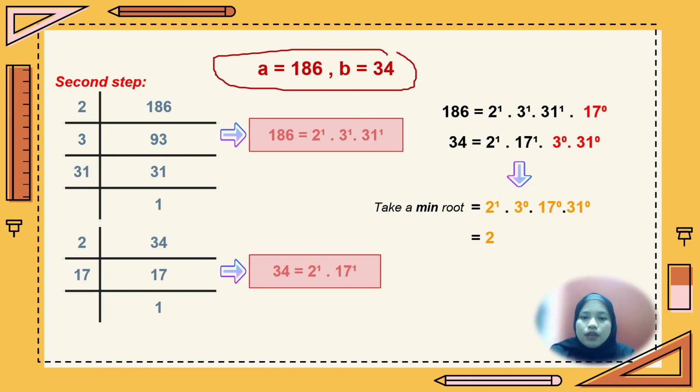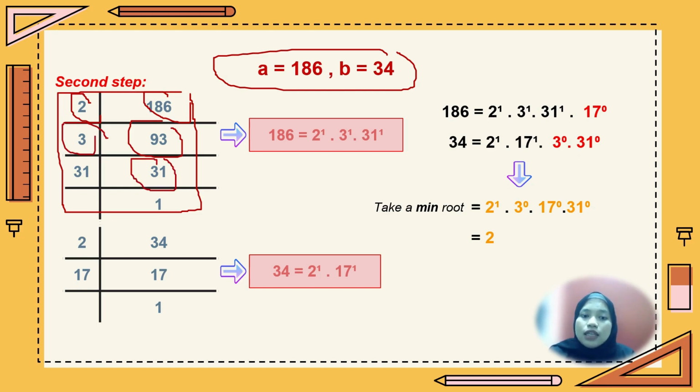First step, we solve this part using the prime number technique. 186 divided by 2. Why do we choose 2? Because 2 is the least prime number. We get 93. We choose another number that can divide 93, which is 3, and we get 31. What prime number can divide 31?